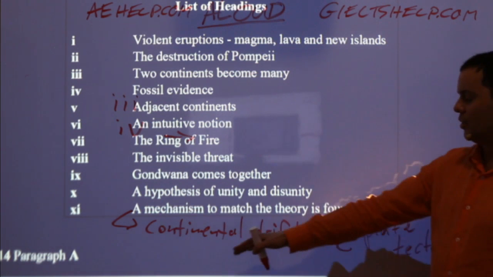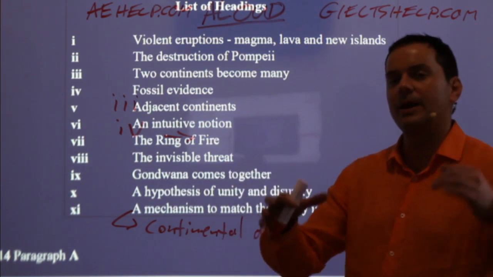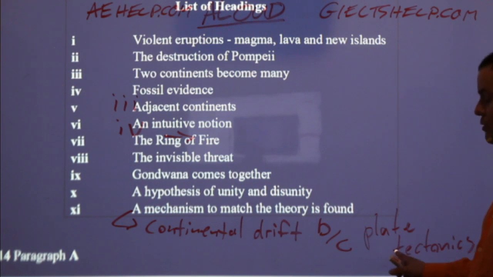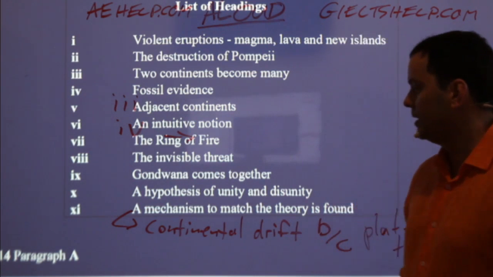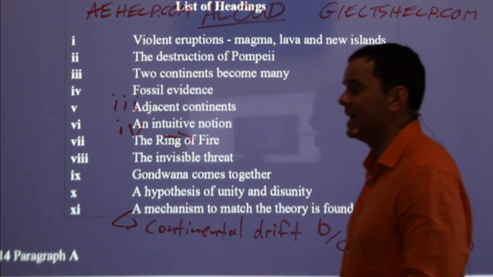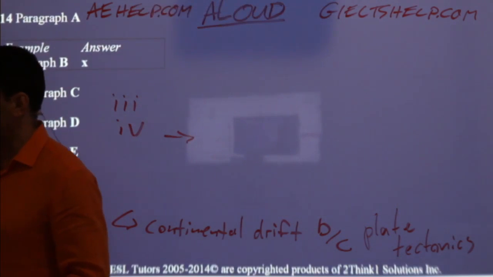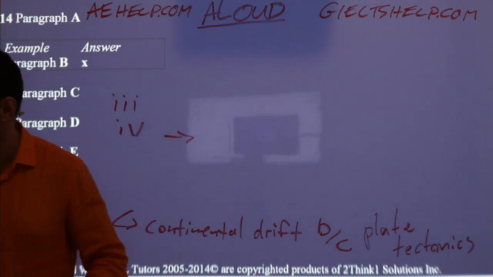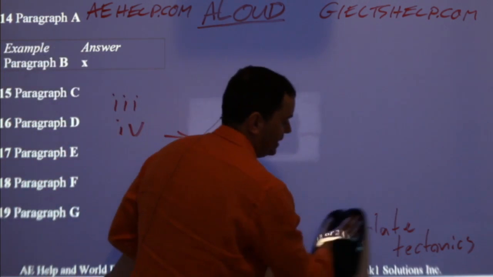So the continental drift theory, continents moving around, is because of moving plates on top of the liquid molten core of the Earth. So 11 is definitely the best answer for that paragraph E. Hopefully you arrived at the same conclusion as I did.